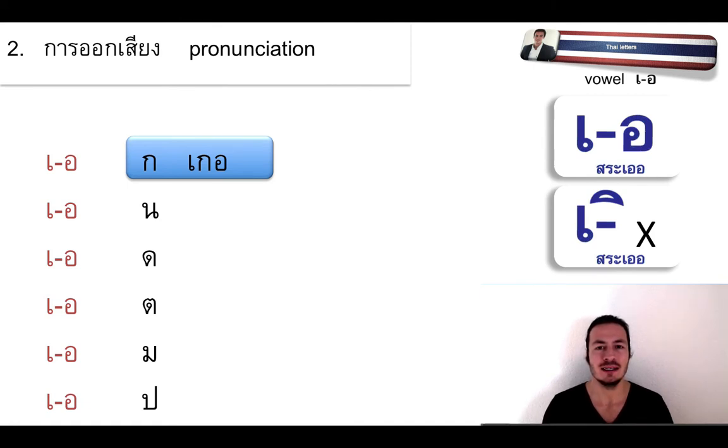Important to notice is that even though, as we had with the a vowel, for example, the vowel is written around the consonant in a sort of way, it is always pronounced after the consonant it belongs to.